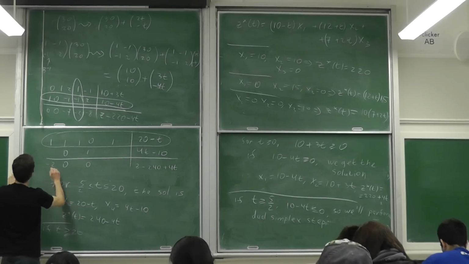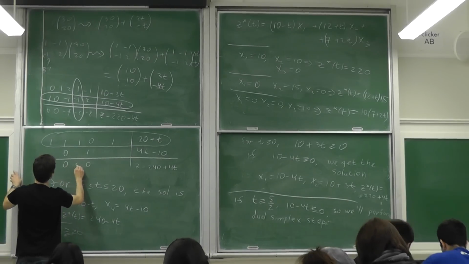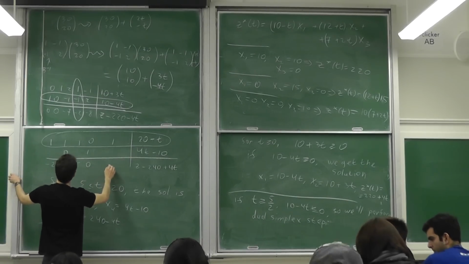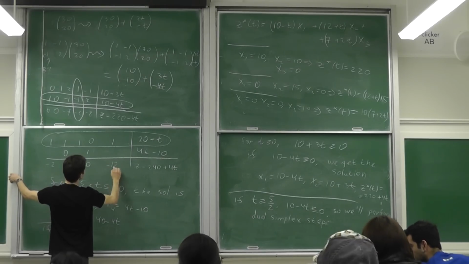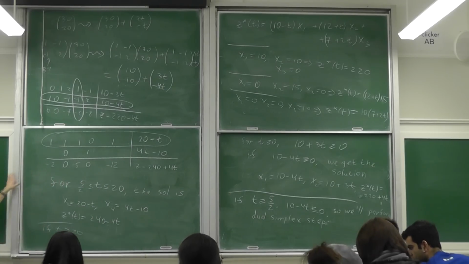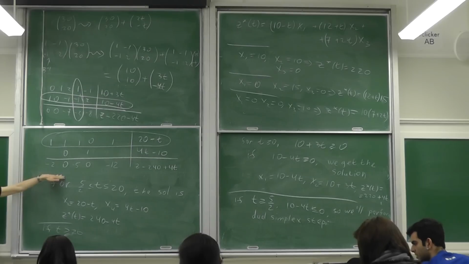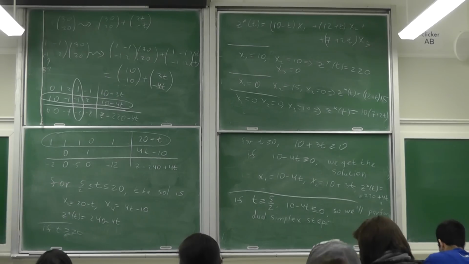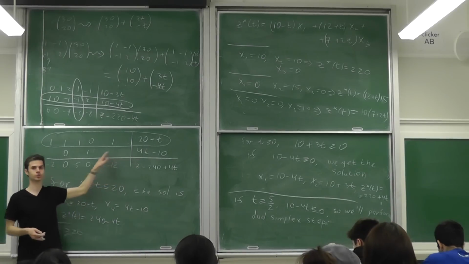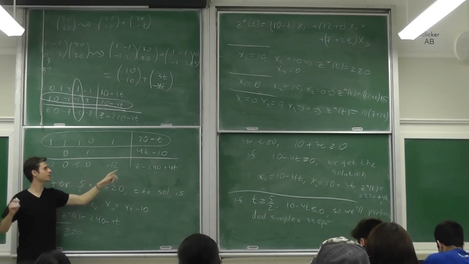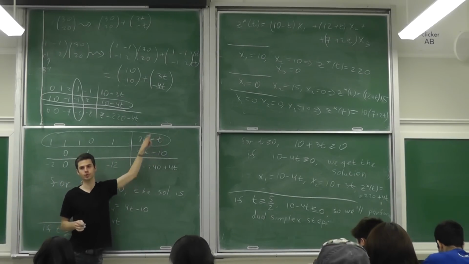So it will be minus 2, 0, minus 5, minus 8, minus 2 times 2, minus 2. So these coefficients are still negative. Of course they are negative. That's how the dual simplex algorithm works. It always keeps my solution optimal and it makes it more and more feasible.